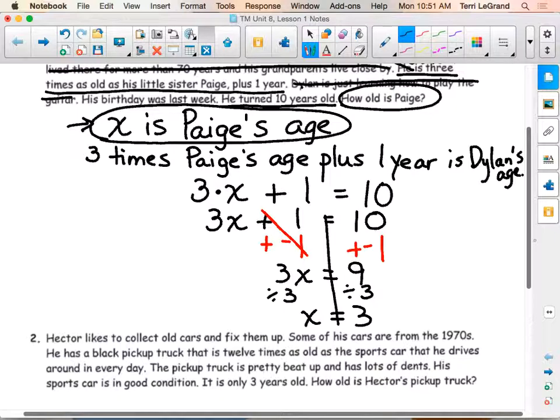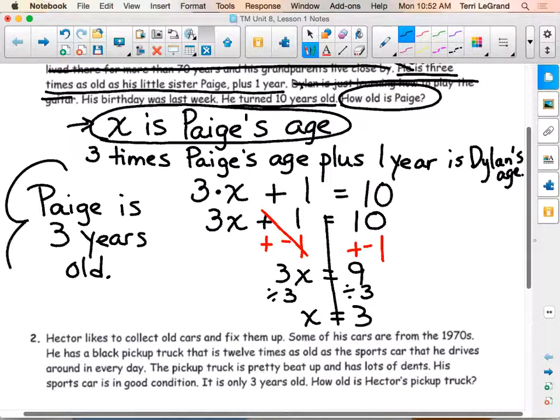What's that saying? X is Paige's age. X is 3. Paige is 3 years old. Sentence, answer in the end.